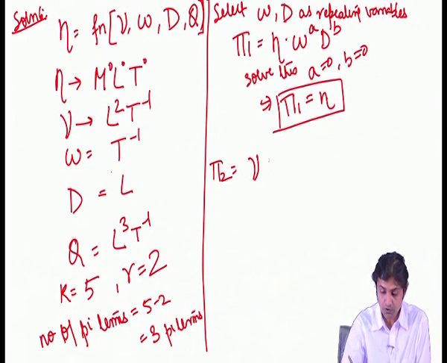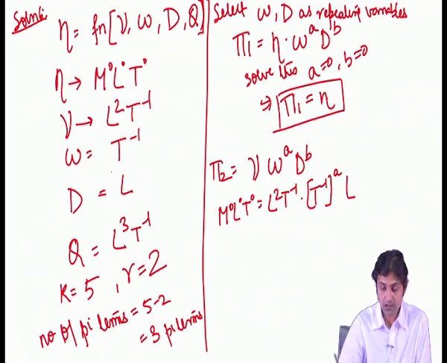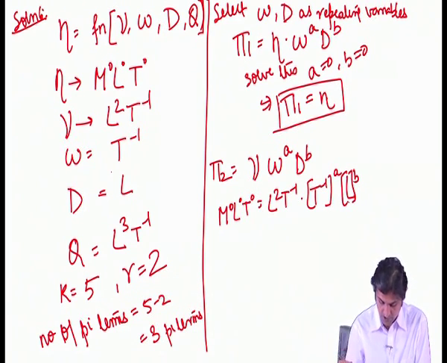Nu omega to the power a and d to the power b, or in other terms we can write M to the power 0, L to the power 0, t to the power 0 is equal to L square t minus 1 into t to the power minus 1 whole power a, and d is L to the power b. Okay.